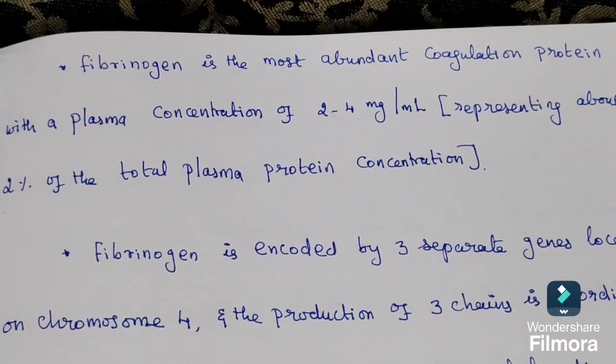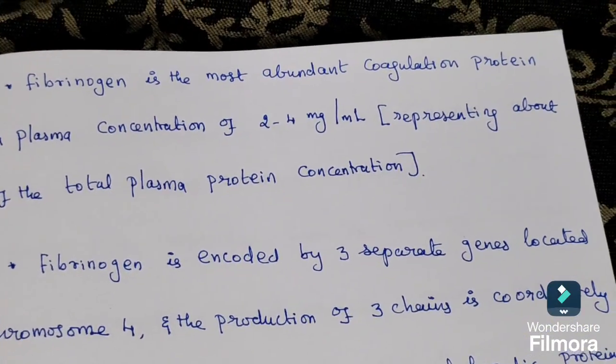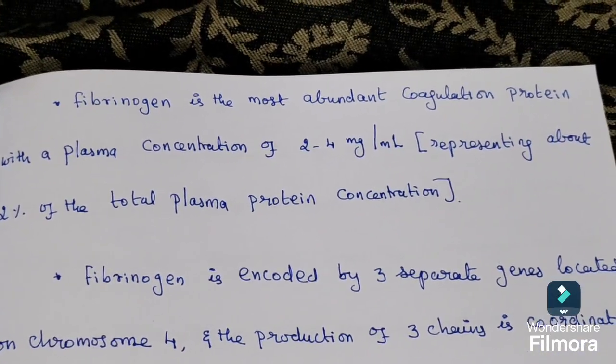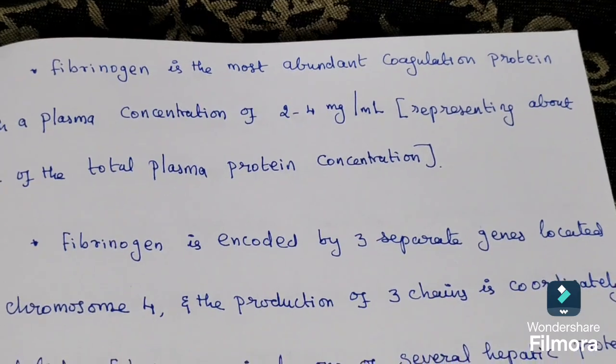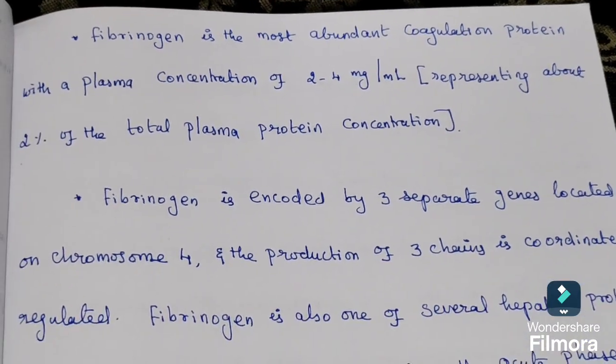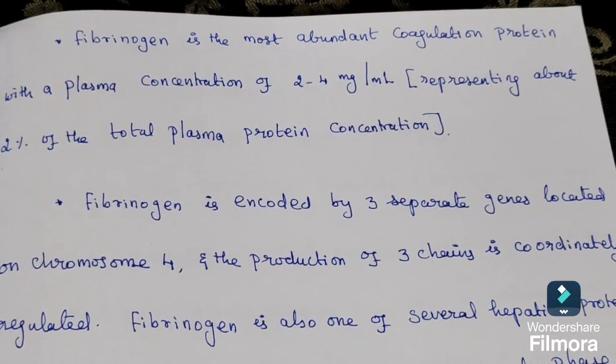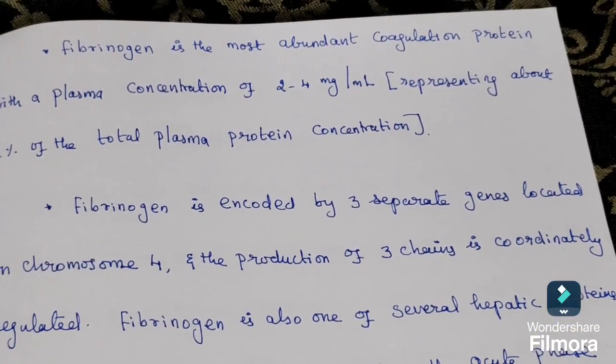Fibrinogen is the most abundant coagulation protein, with a plasma concentration of 2 to 4 mg per ml, representing about 2% of total plasma protein.